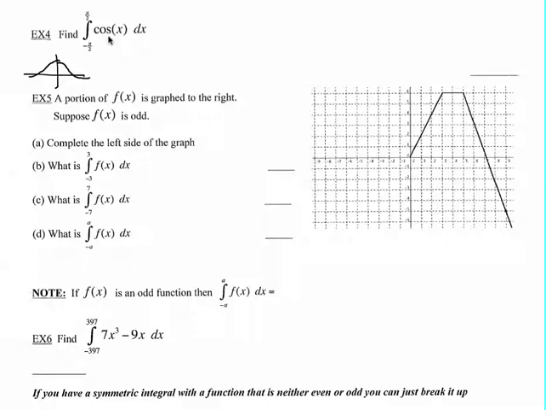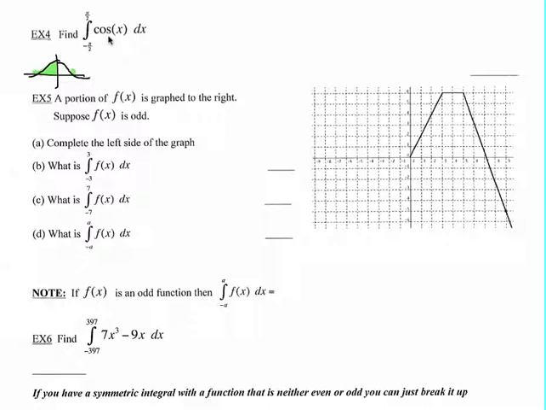But if we're looking for the area underneath the curve between negative pi over 2 and pi over 2, we're looking for the area in here. And we only need to find half of that area because it's symmetric about the y-axis.